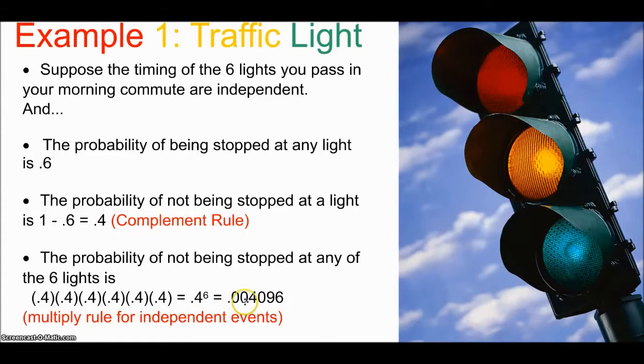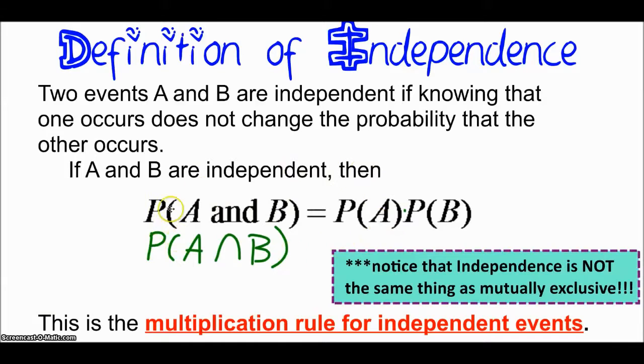So that's 0.004096. This is the probability of not being stopped at any of the 6 red lights on your way to school. If you want to think about this in terms of percentages, that's 0.4%. And the probability is 0.004. This comes from the multiplication rule for independent events. So in case you're wondering, this is the multiplication rule for independent events that I just talked about.